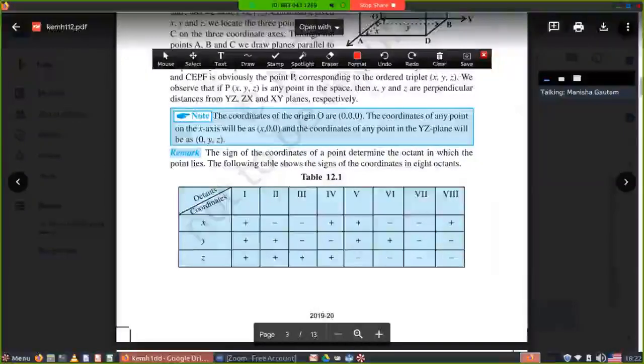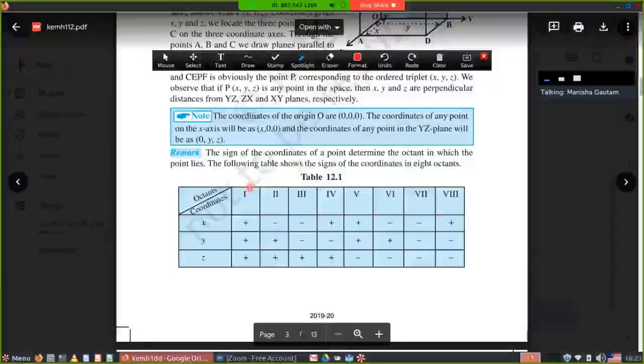Wherever the negative sign is there, you have to put the dash, like z dash, x dash, y dash. The minus sign shows that you have to put the dash, negative.